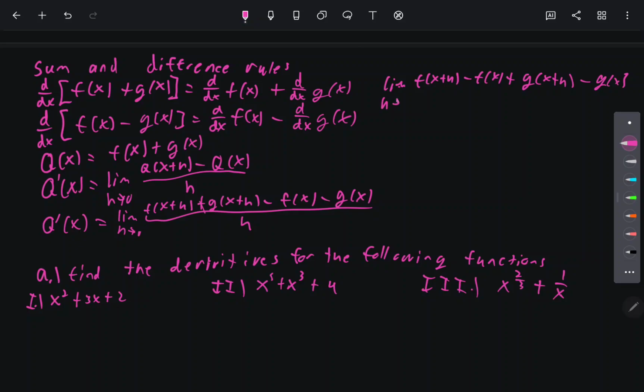I'm going to erase that. Of all of that over h. Well, we can now further break this down into the f portion and the g portion.